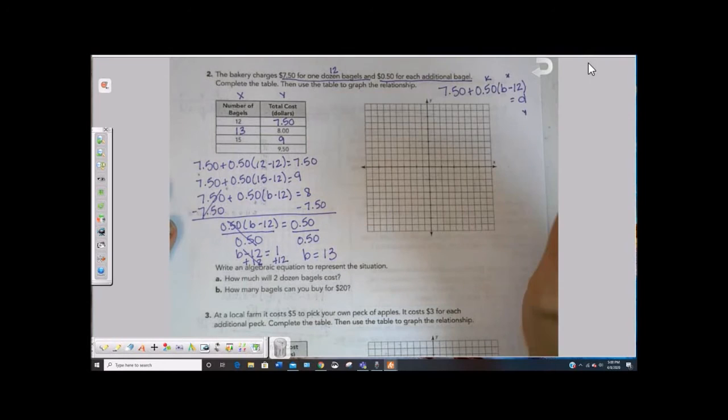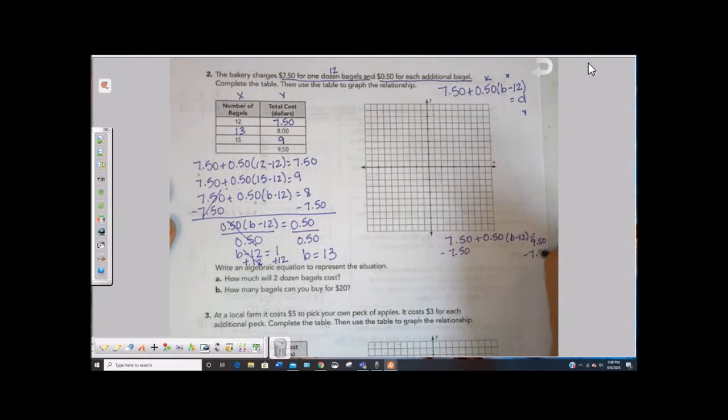So next we have $9.50. I'm running out of room, so I'll just show it here. $7.50 plus your 50 cents times B minus 12 equals $9.50. Subtract $7.50 on each side, just like we did.